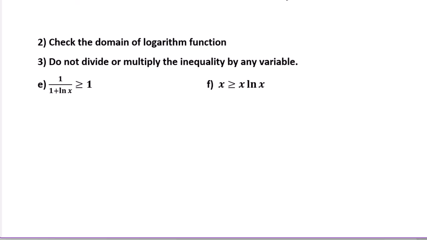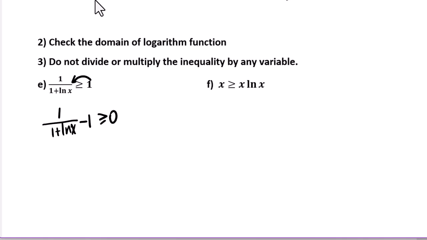For example, for e, we cannot multiply the inequality by 1 plus natural log of x, because we are not sure whether 1 plus natural log of x is positive or negative. So first step, cross the river, change sign. 1 over 1 plus natural log of x minus 1 greater than or equal to 0.